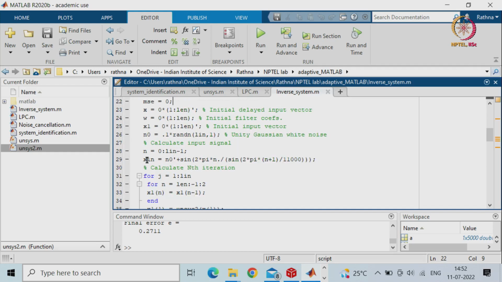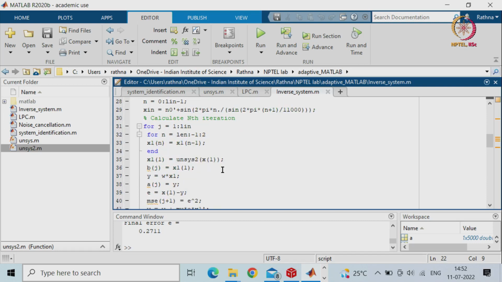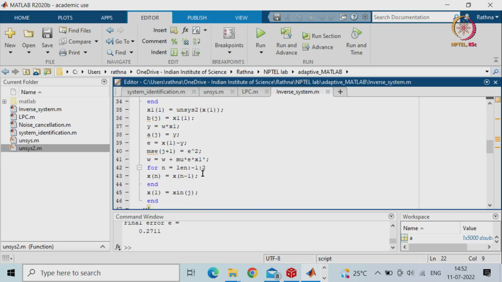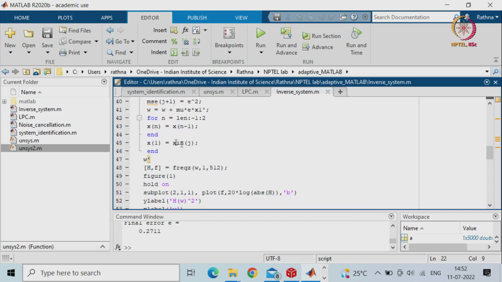Then you calculate your sine wave, and adapt to your unknown system, basically the inverse of the system that I have to get. Your weight vector is updated in the usual manner, and then you perform the filtering, and this is the filter being used.